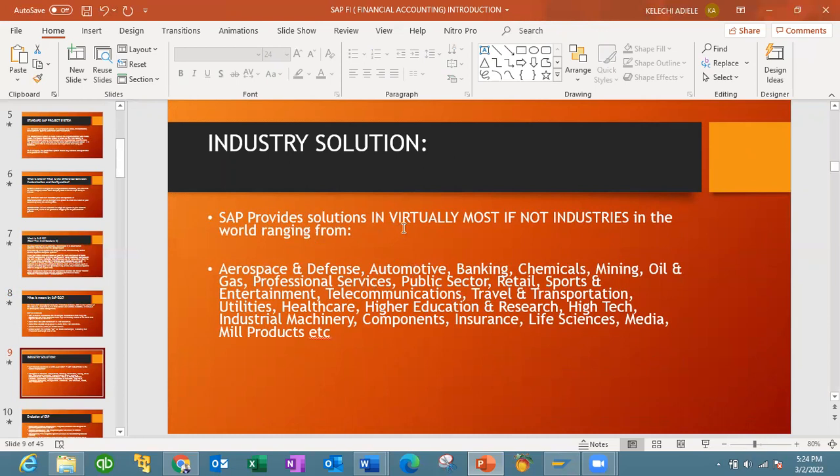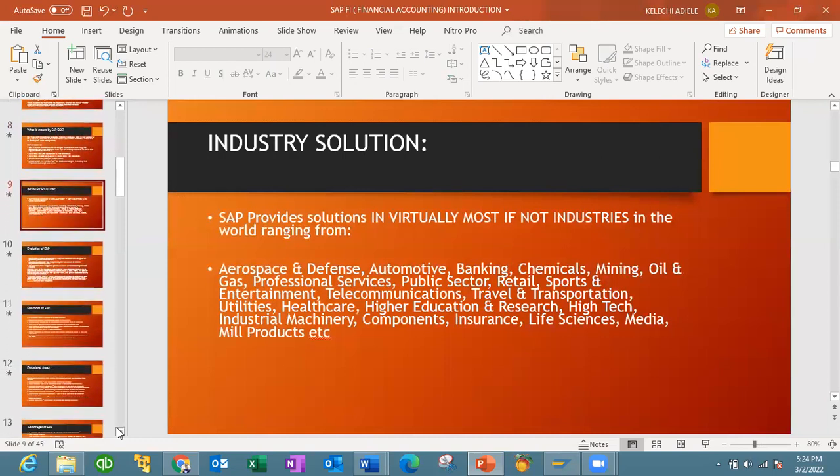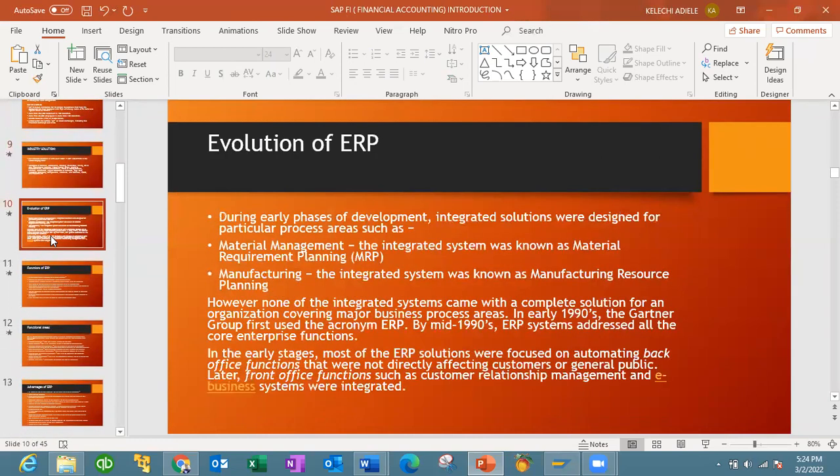SAP provides solutions in virtually most, if not all, the industries in the world. So it's large. That's why the requirement will always be there. Okay, so evolution, I think we're going to stop here.